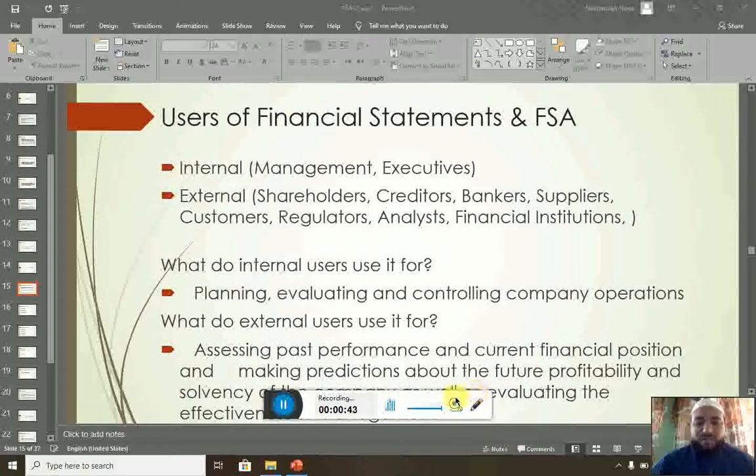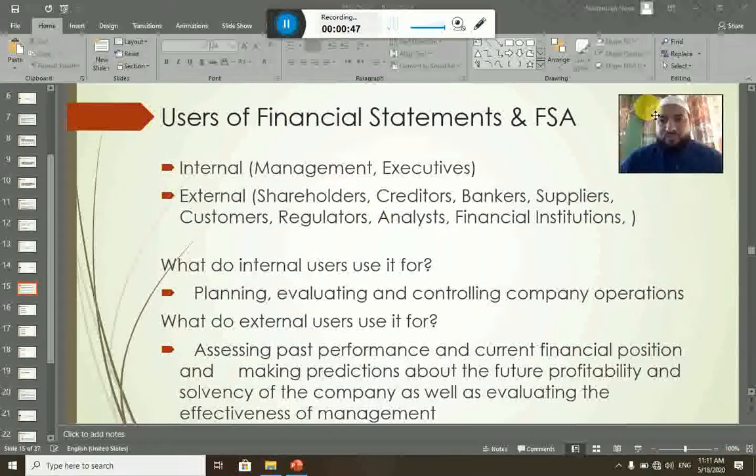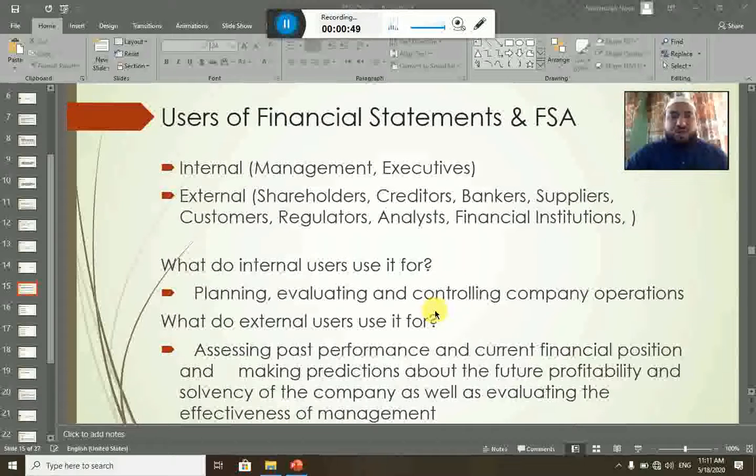Last time we had discussion on the users of financial statement analysis, and we said that there are two types of users: internal users and external users, right? Internal users mostly relate to the organization, and there are mostly two types of people: managers, directors, and executives, right?